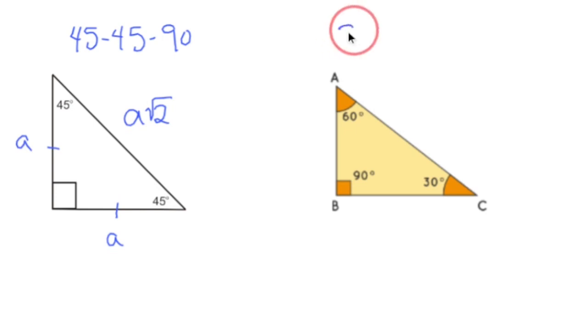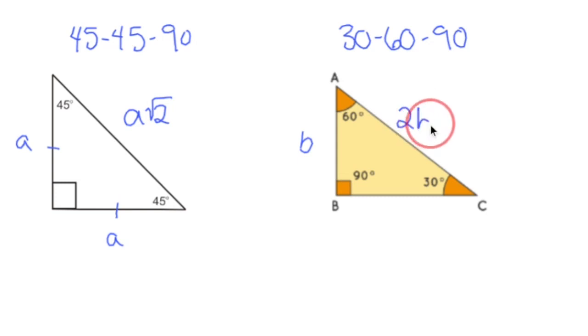Now, the other guy is the 30, 60, 90 triangle. Of course, named after its 30, 60, and 90 degree angles. Okay? The smallest side over here, B, is going to live in between your 60 degrees and 90 degrees. This is fun. If this is B, then your hypotenuse is always going to be 2 times the smallest leg.